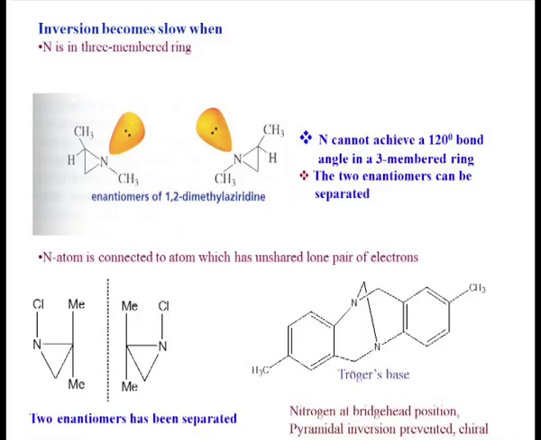This type of bridged ring structure is very important. So, Tröger's base could also be obtained in a chiral form, because here the flipping will not be possible. In other words, the interconversion between the planar and pyramidal nitrogen will not be possible because of the strain or bridge in the molecule, which stops the conversion of sp3 to sp2.